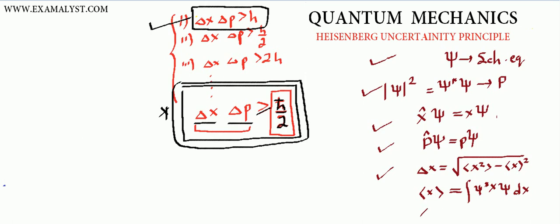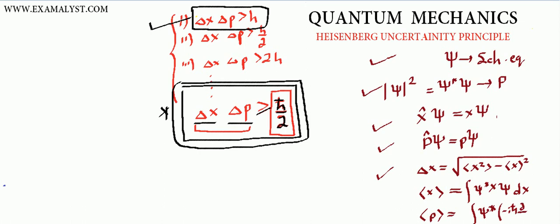Similarly, how do we find the expectation value of momentum? It's very easy. You write psi star psi and include the momentum operator in between. So what is the momentum operator? Minus i h cross del by del x.